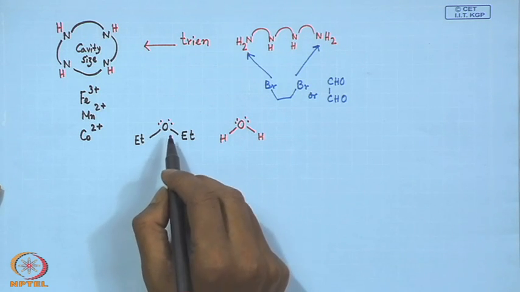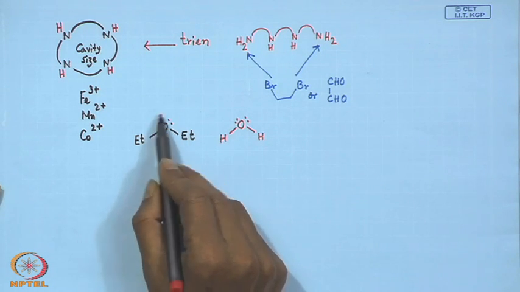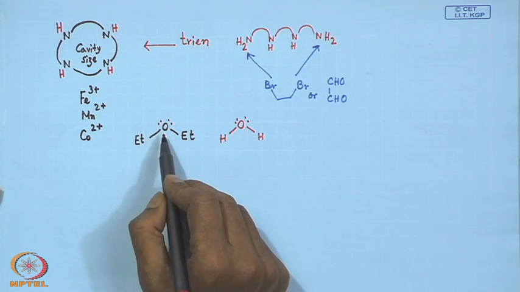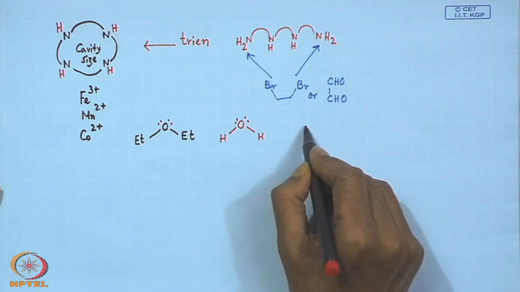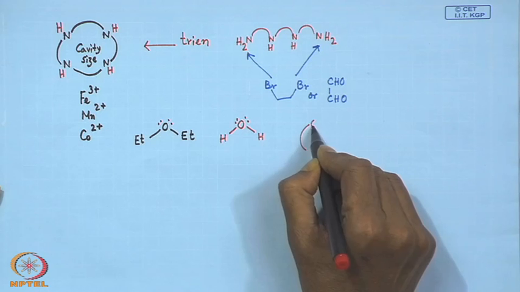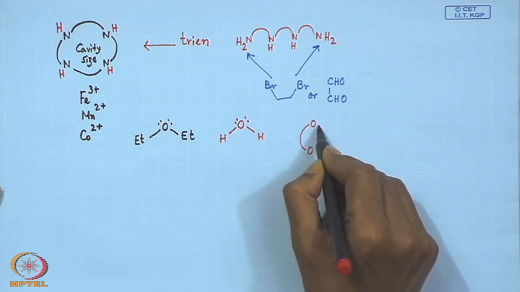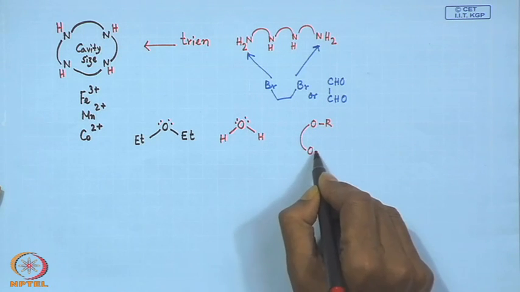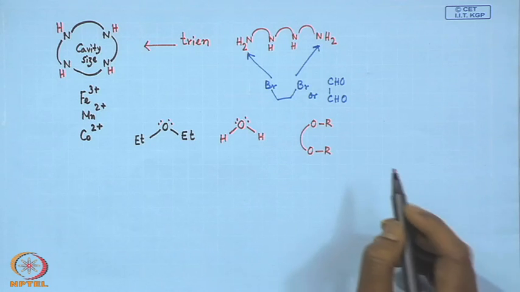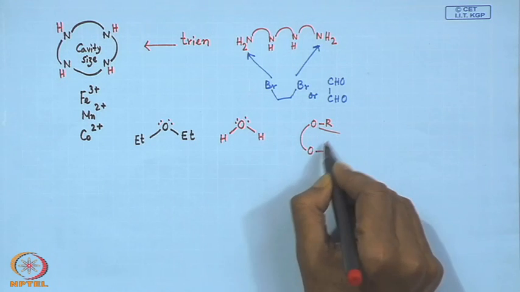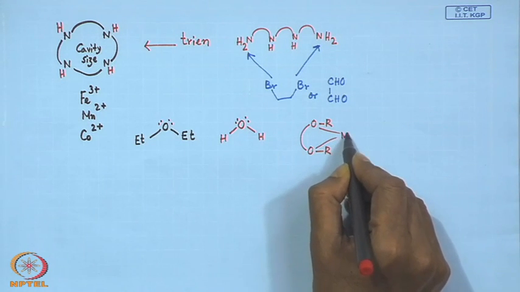So, when one ether is available, we get a corresponding coordination to one particular metal center, but if we can have more than one such ether group such as this one, this can also go and bind to the metal ion.